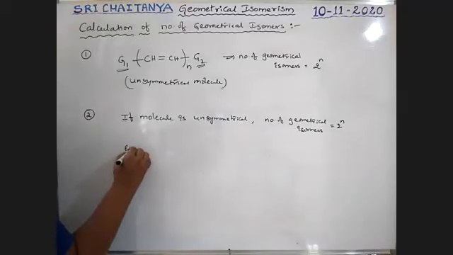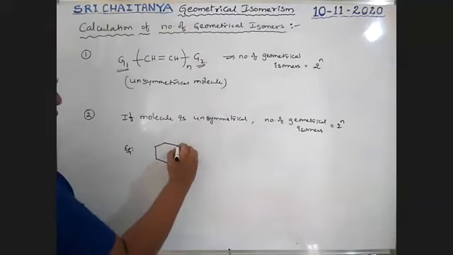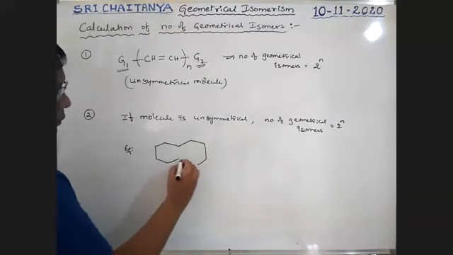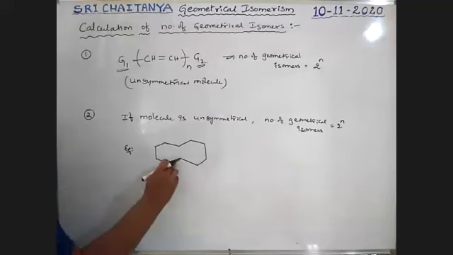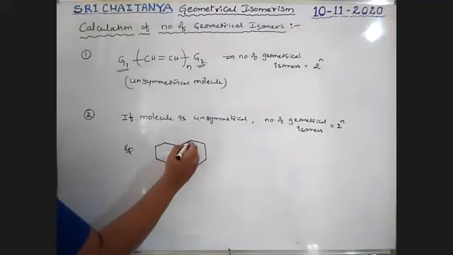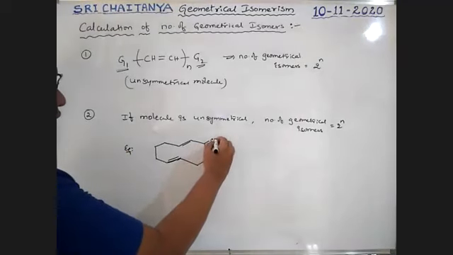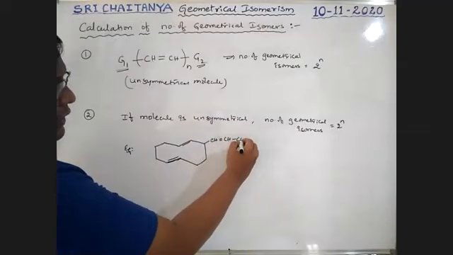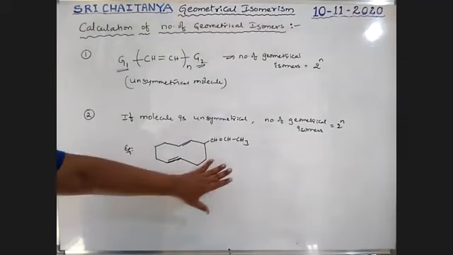Example, see here. For this, I am taking this compound, boys. See here, it is double bond, it is double bond, and it is CH double bond CH. So this is the molecule.